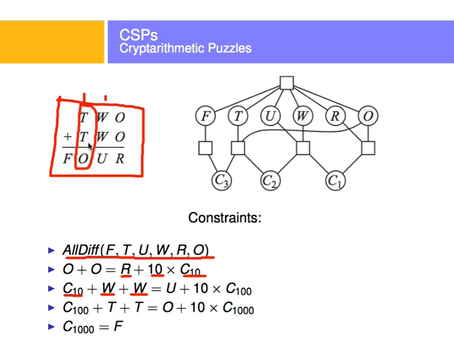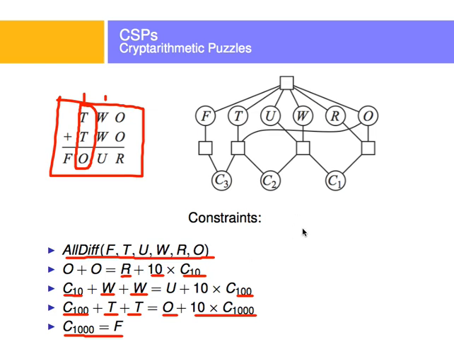T plus the carry of the hundreds, so the second carry, must be O. So the carry of the hundreds plus T must be equal to O plus 10 times the carry of the thousands, which basically, these numbers don't denote much except which place the carry is on. And then F must be the carry of the thousands because there are no letters above F. That's how we could specify the constraints.